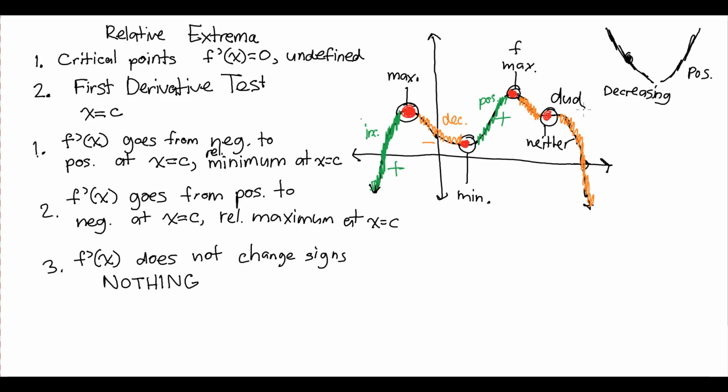It doesn't give us anything because the derivative does not change signs at that point, okay? This is negative, this is negative. So this is neither a minimum nor a maximum. While these three are either a maxima or a minima, this one is neither. And you can see whenever it starts to flatten out and then go the same direction, it will never be a minimum or a maximum because the derivative does not change signs at that point.